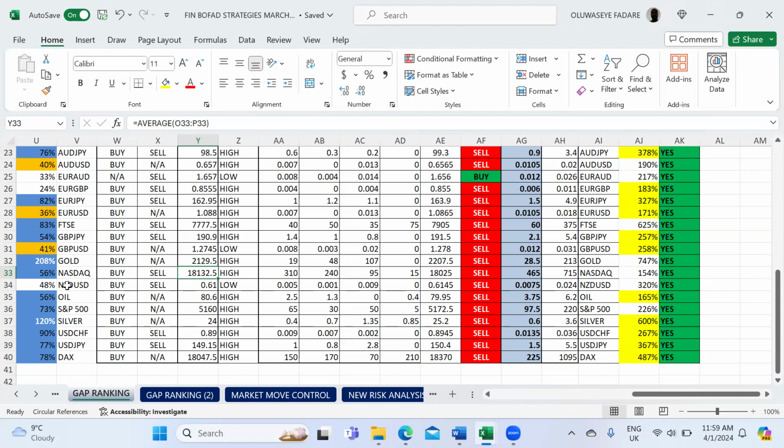Okay. For New Zealand USD, the current, this is 0.61, this is 0.6145. So it depends on now. So if the price is above 0.6145, then we start planning to sell from 0.6145 instead of having to wait to 0.61. Okay. So let me just look at the real price, the current price for New Zealand USD.